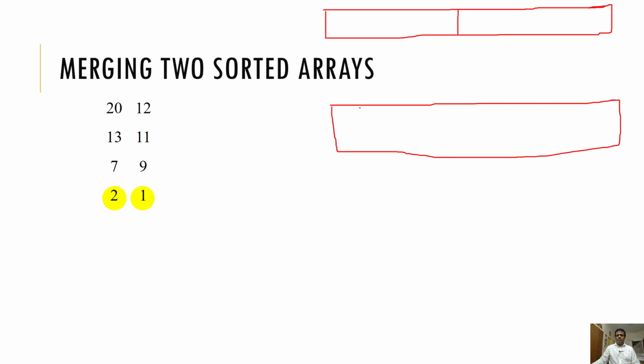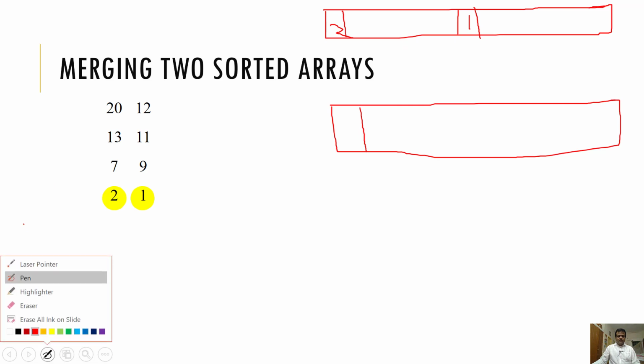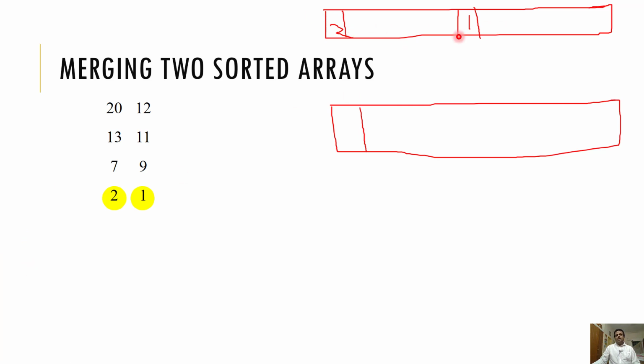So, what do we do? This is the first element. This is 2, and this is the first element on this. These are the least elements, because these are sorted. So, we compare the two least elements. Then we return the minimum one, I mean the least among these.